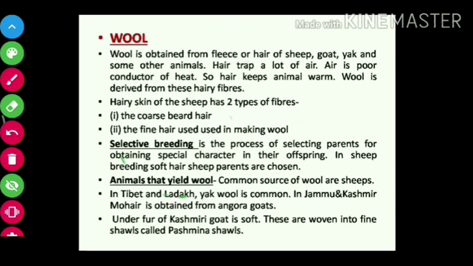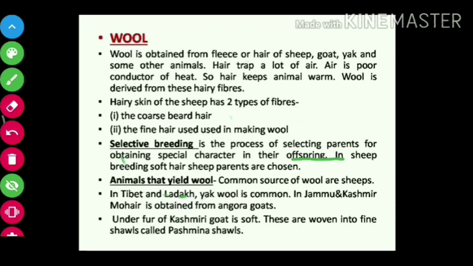Next is selective breeding. Selective breeding is the process of selecting parents for obtaining special characters in their offspring. Here another term is given, offspring. Offspring is what? Child. Like you are the offspring of your parents. Like that, offspring are obtained with special character.